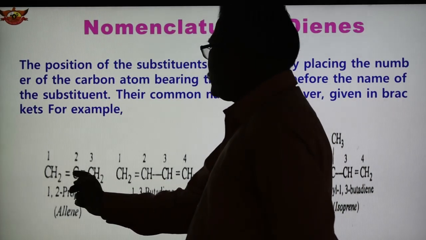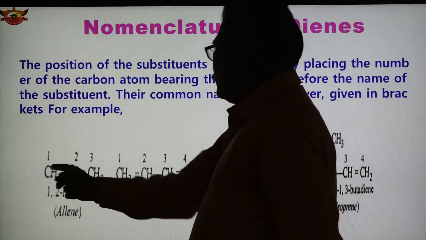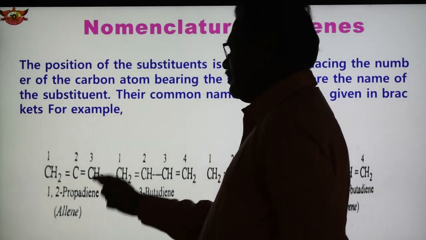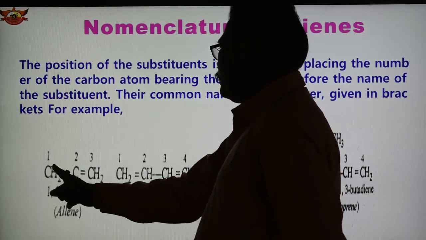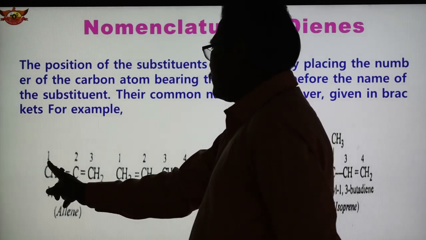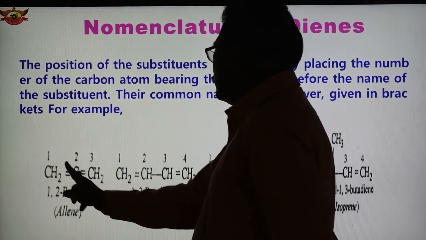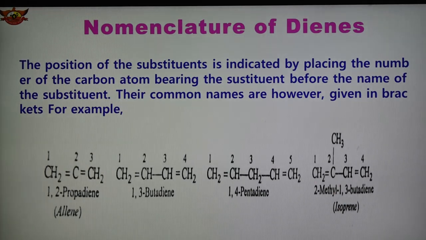Now we have to indicate the position of the double bonds. These double bonds start from carbon 1 and from carbon 2. So 1,2-propadiene, and the common name, allene, is shown in the bracket. Allene is the compound having the formula CH2=C=CH2.